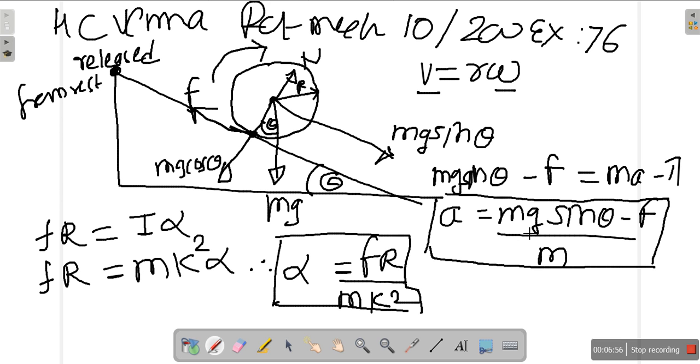Look at this. This is A. mg sin theta minus f upon m, that is A. Just a second.